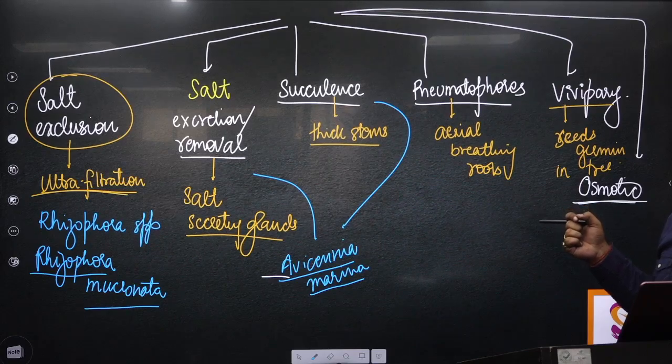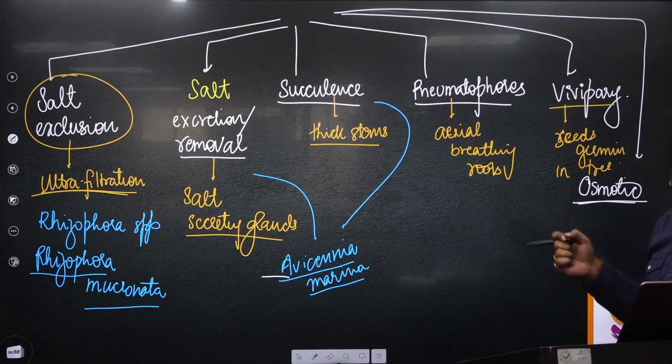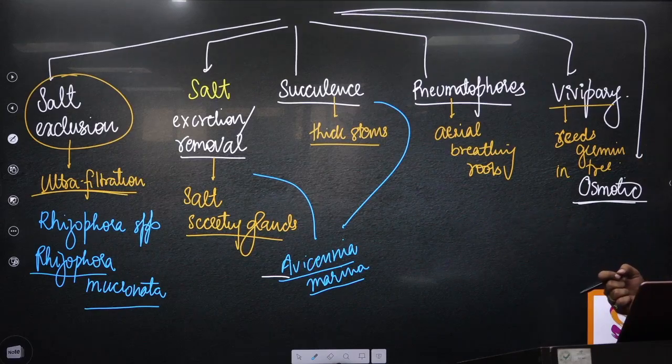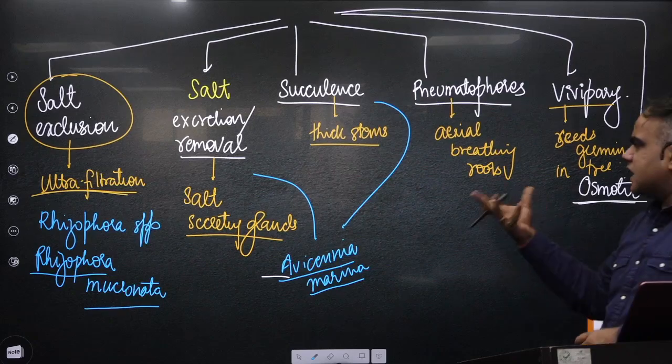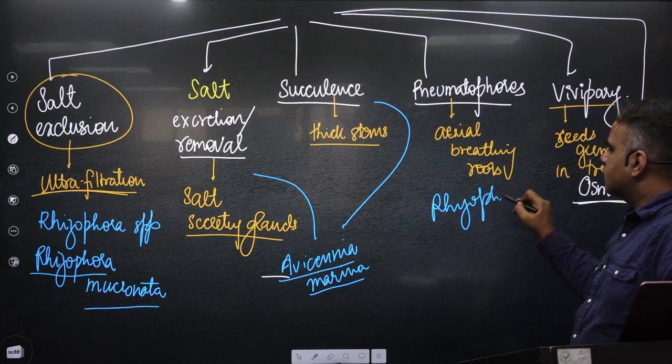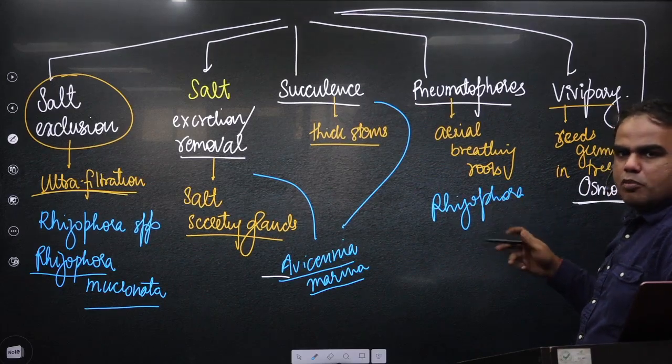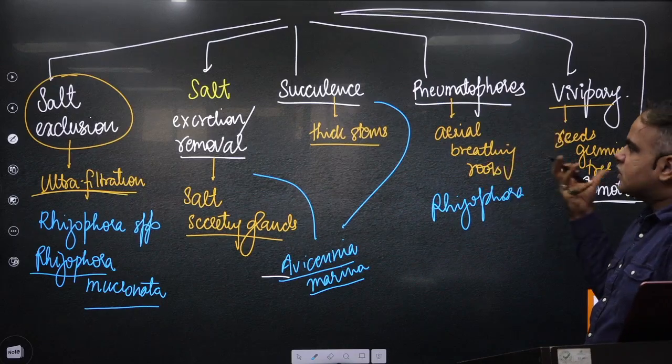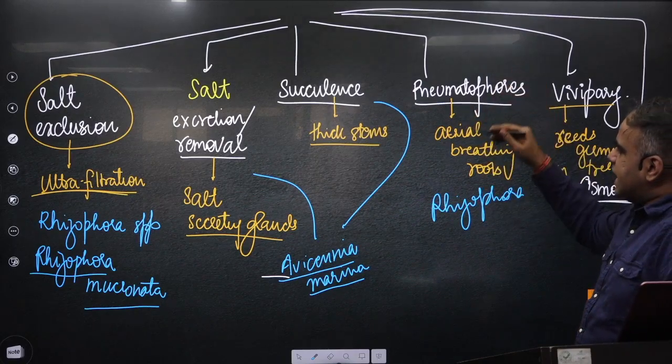Then when we write aerial roots, we can say pneumatophores. Here the same examples we can use, either Rhizophora or Avicennia or Bruguiera, because they will show similar attributes. Pneumatophores are aerial breathing roots.